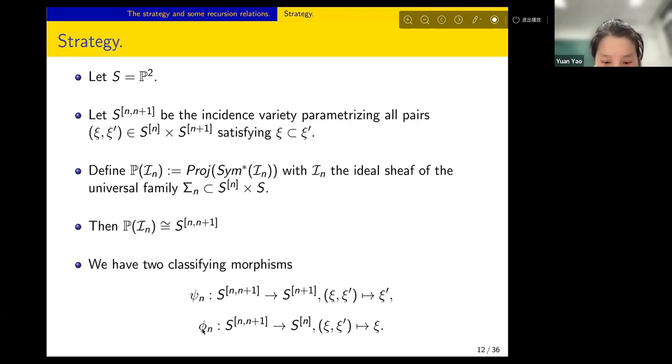I don't know whether you can see these two morphisms: one is psi_n, another one is phi_n. So we use these incidence varieties and we can do this induction. If you want to compute something on S^[n+1], then you pull back via phi_n and push forward via psi_n, and you get something on S^[n]. That's the strategy.